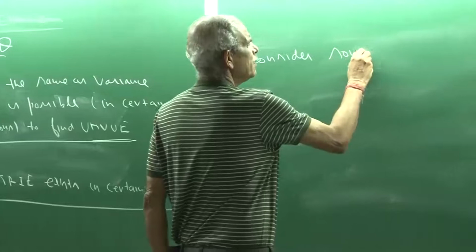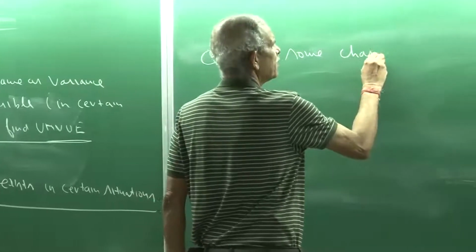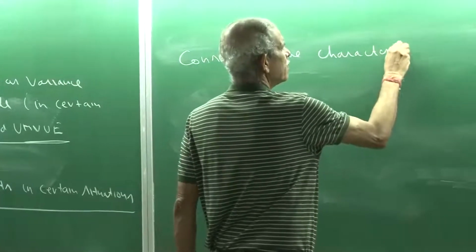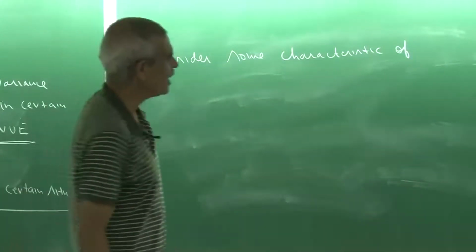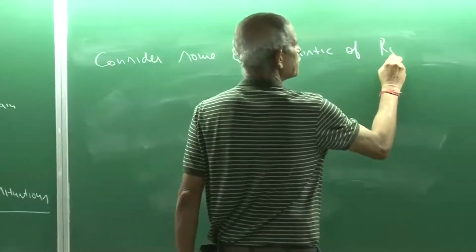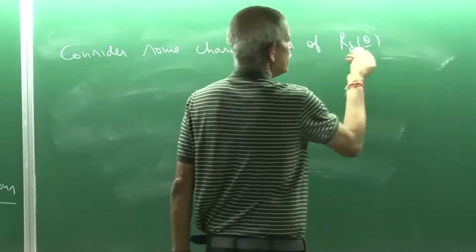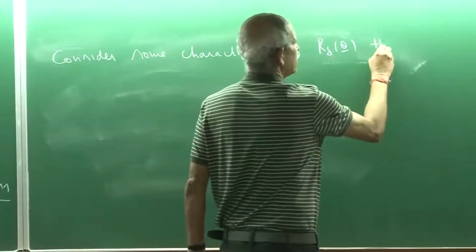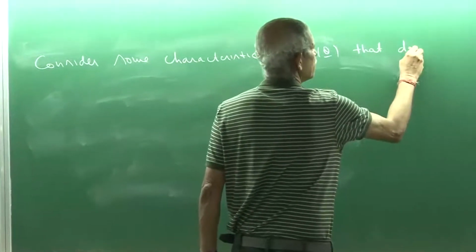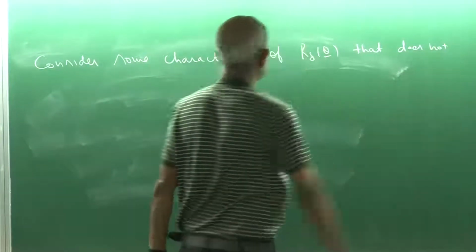So consider some characteristic of r delta theta. Sometimes I am denoting risk by r theta delta or r delta theta. That does not depend on theta.